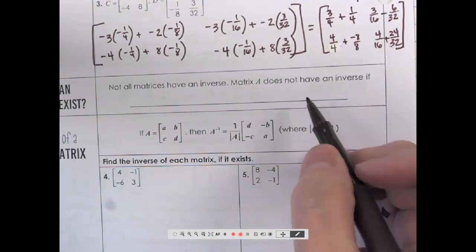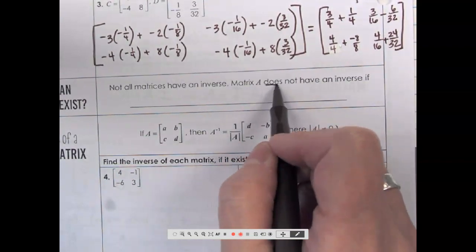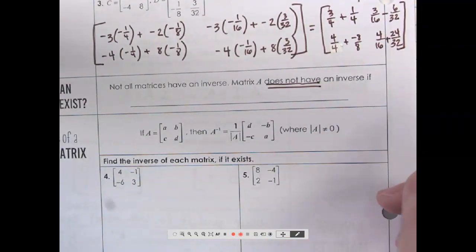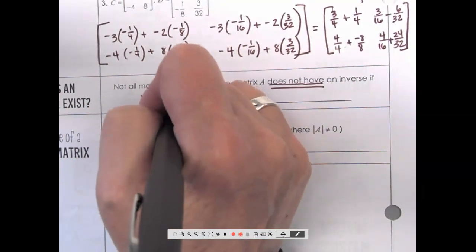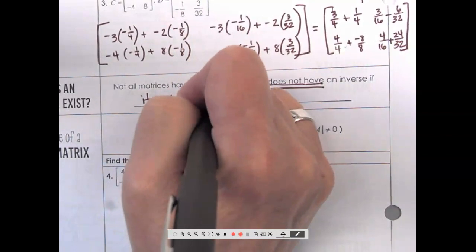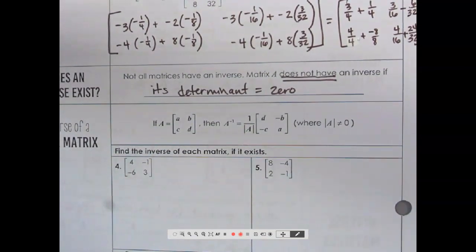And secondly, not even all square matrices have inverses. Matrix A does not have an inverse if its determinant equals 0. If the determinant is 0, it will not have an inverse. And I'll show you why here.